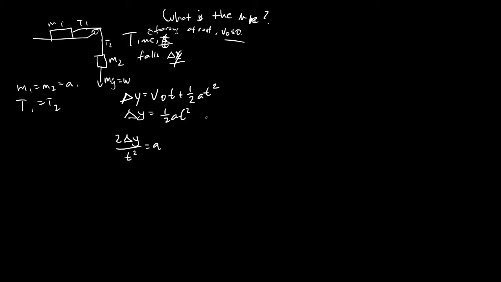So we can write mg minus T equals, by Newton's second law, the total force, which equals mass times acceleration. The mass is m2. So you can calculate tension through T equals negative m2a minus m2g.